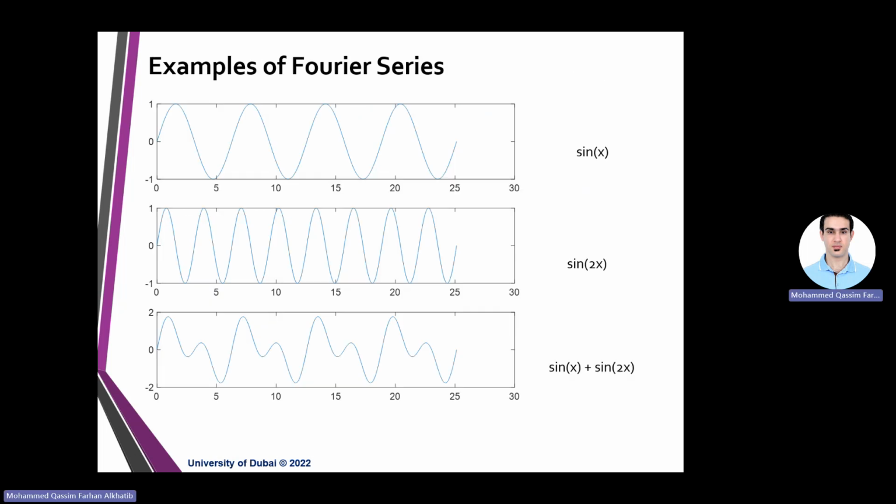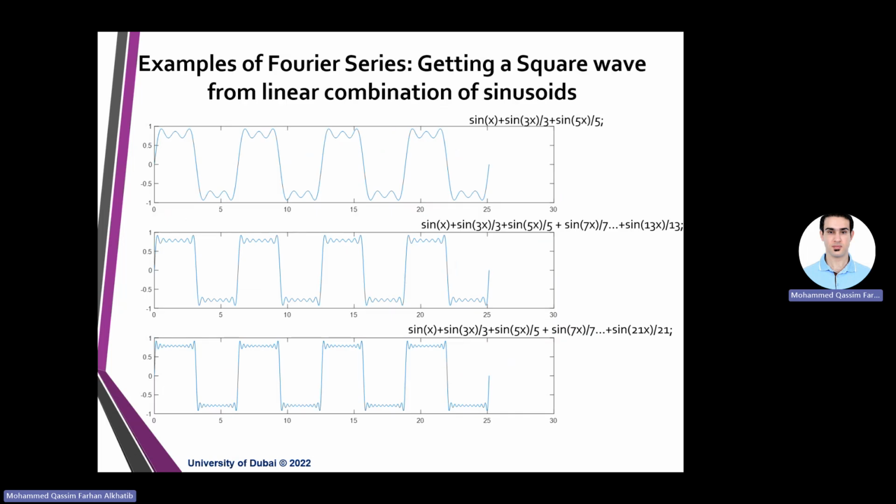All right, so an example of Fourier series, for example, this signal could be decomposed. It's a periodic signal because a summation of two sinusoids could be decomposed into these two parts. So if you add these two signals, you'll obtain this one there. And also you can go further to create a rectangular wave.